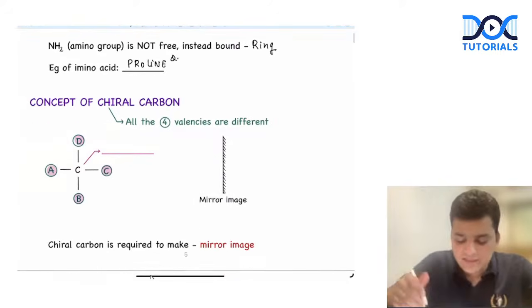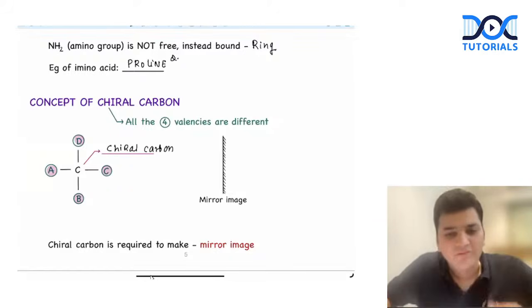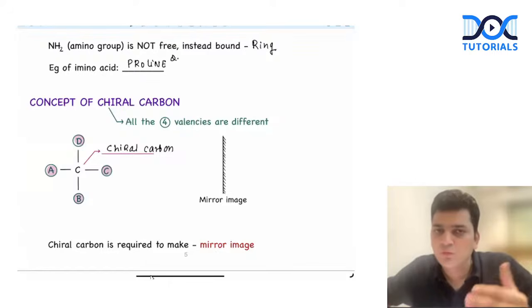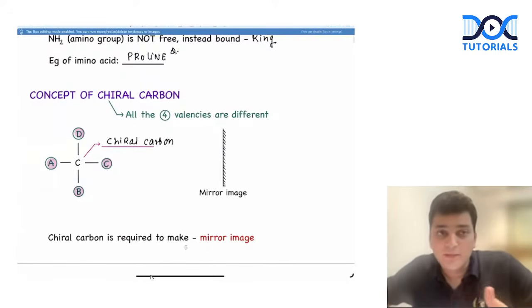If all the 4 valencies are different, then this is called a chiral carbon. And the chiral carbon is required to make the mirror image. In 11th class, if you remember, we used to make the mirror image, and that is only possible if the molecule contains a chiral carbon. If the molecule does not contain a chiral carbon, we are not going to have a mirror image. So a chiral carbon is required to make the mirror image.